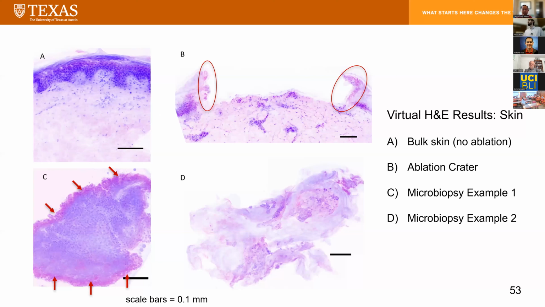If we wanted to cut shallower than that, we could use a laser with higher absorption. If we wanted to cut deeper than that, we'd probably have to have multiple pulses to drill down through the tissue. That was the other question: how controllable is that? The depth right now we can't control too much. I think you would want to control it more with the laser wavelength and the penetration.